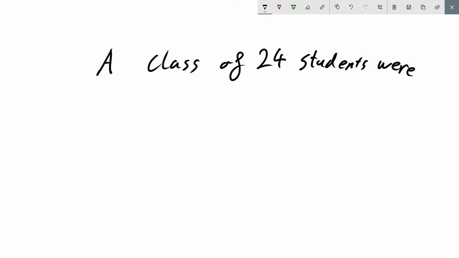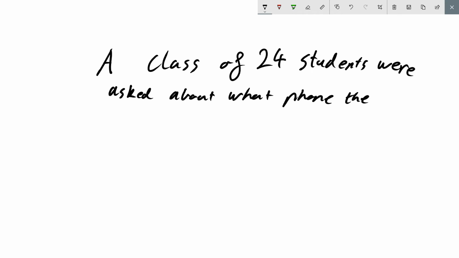Now in this example, it's unnecessary to mention that we have the banana phone and the HTTPS phone at this stage. If we were doing a report on blood pressure, for example, and we had the categories low, medium, high, then we would have to say however many people were surveyed about their blood pressure on a scale of low, medium, high.